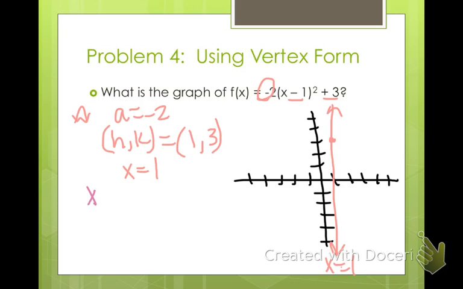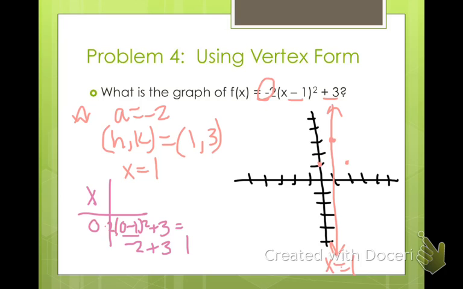So if x is 0, that means we have -2 times 0 minus 1 squared plus 3. 0 minus 1 is -1, -1 squared is 1. 1 times -2 is -2, plus 3 is 1. So I know I also have the point 0, 1. And I can also reflect that across to the other side right there.